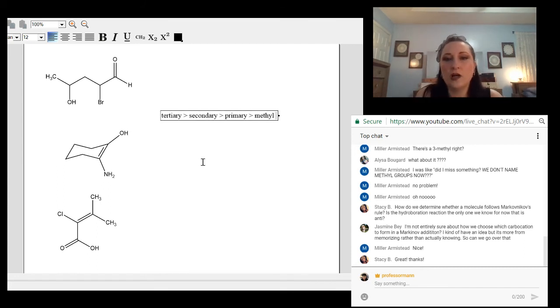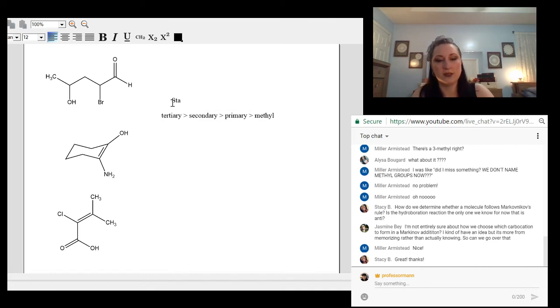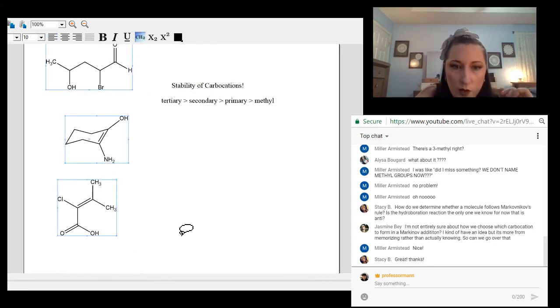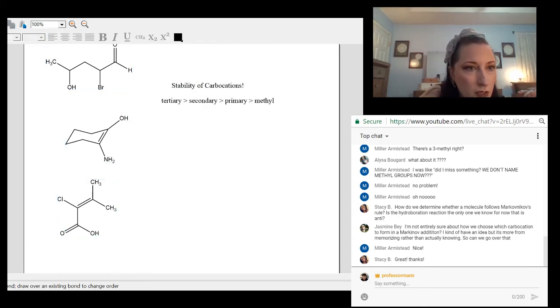Okay, where we talked about stability of carbocations. The whole point of me telling you about that is to be able to apply Markovnikov's rule, okay? So, actually, you know what? I'm just going to keep these here and make a couple alterations to the structures. That is not a good angle at all.